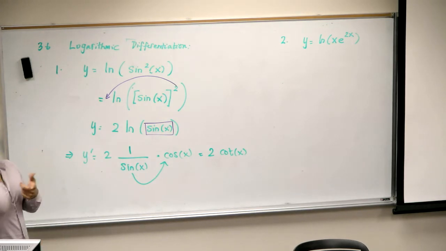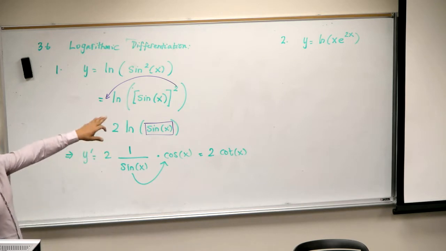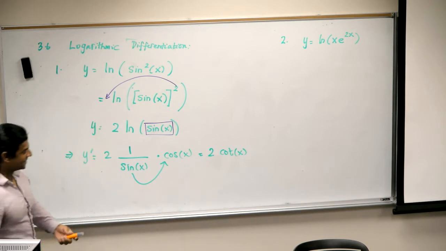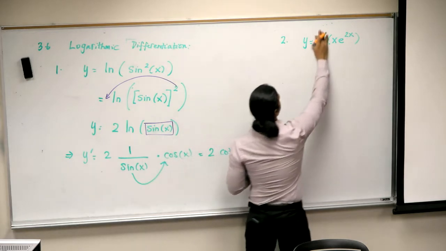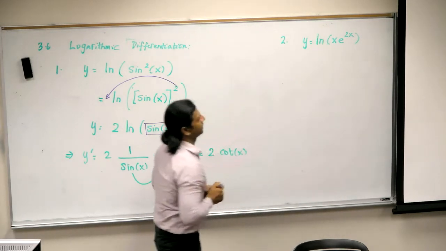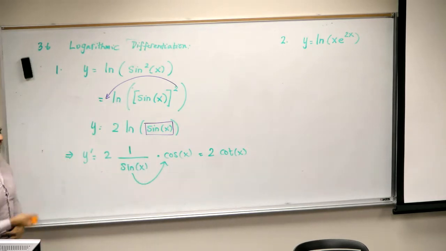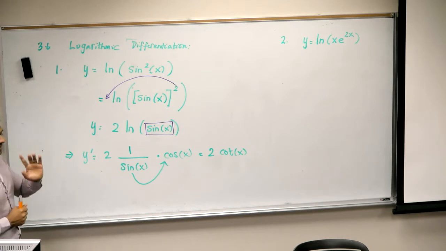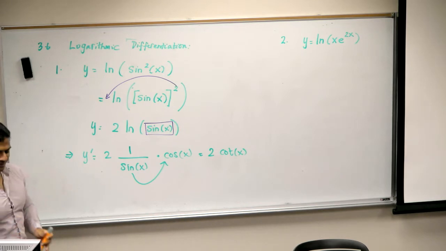So what is the derivative of y equals ln of x times e raised to x? And you look at that, the first thing that comes to your mind is, well, what comes to your mind? Immediately you would go for chain, correct?